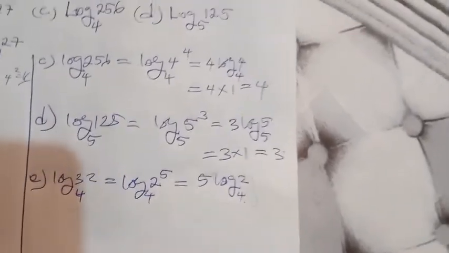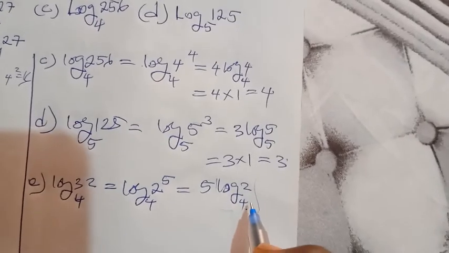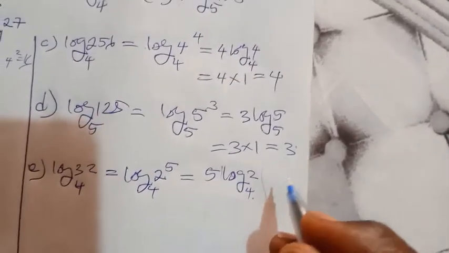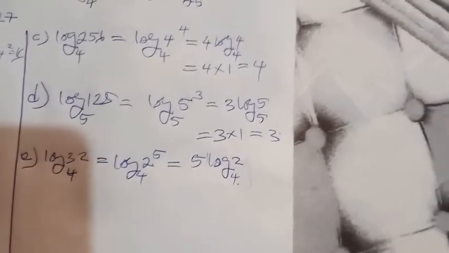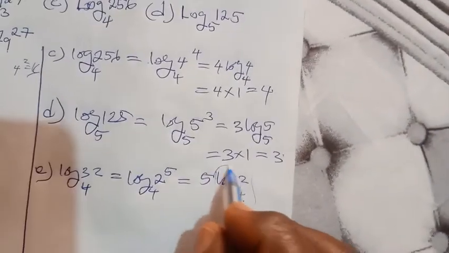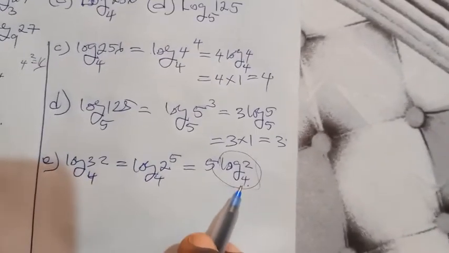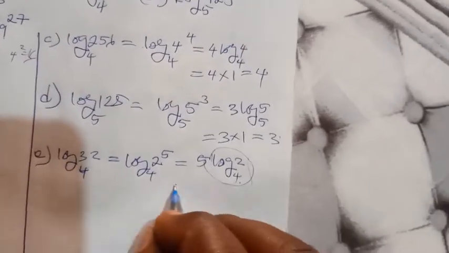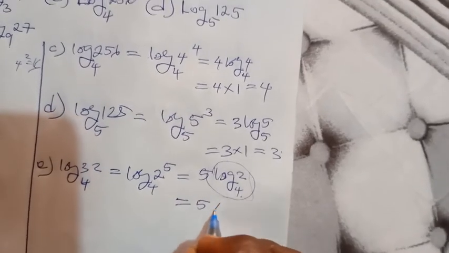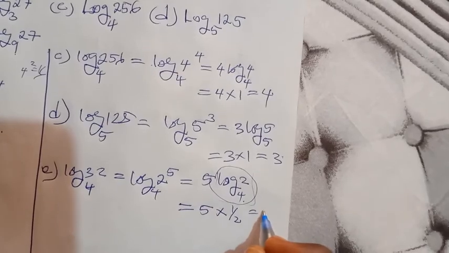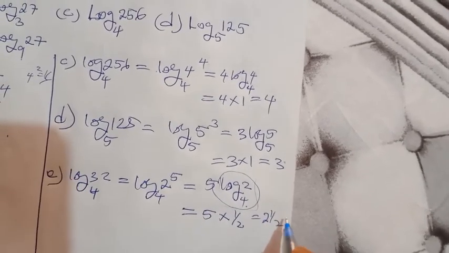You know that it's half. 4 raised to power 1 over 2 means the square root of 4, which is equal to 2. So that means that this should be half. Log 2 base 4 is half, because 4 raised to power half is 2. And so I'm going to have 5 times half, which is equal to 2 whole number 1 over 2.